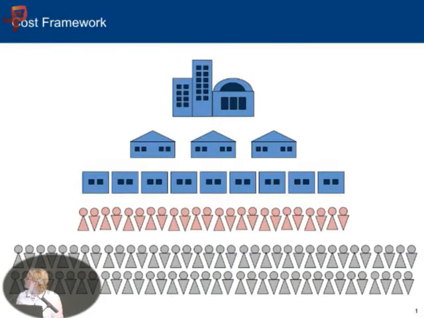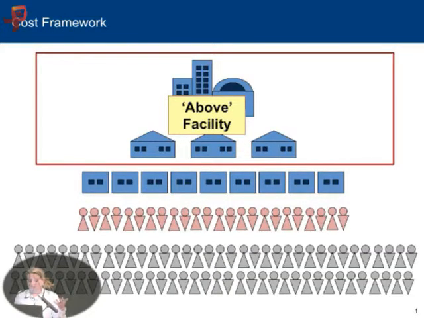So when thinking about the costs associated with treatment as prevention, there are multiple different layers that we need to consider. The first is what within CHAI, and I think others, have often termed above-facility costs.